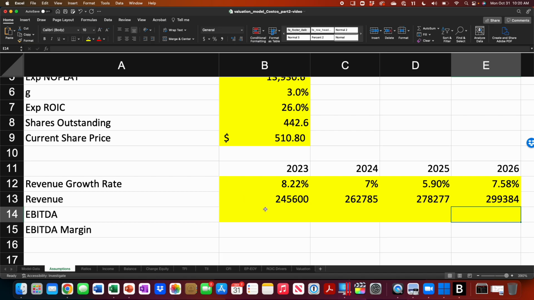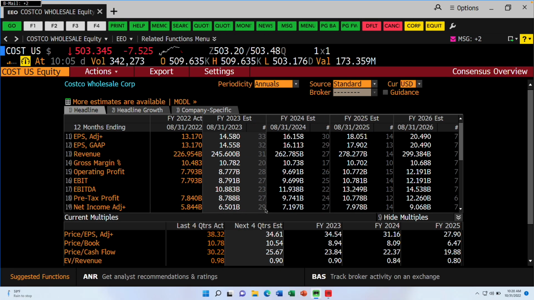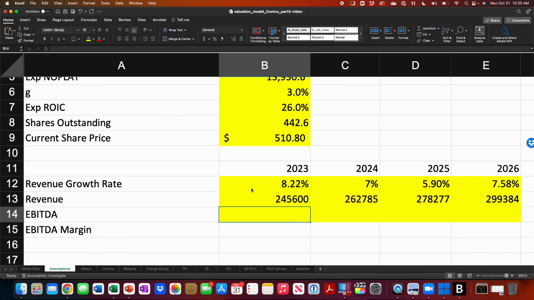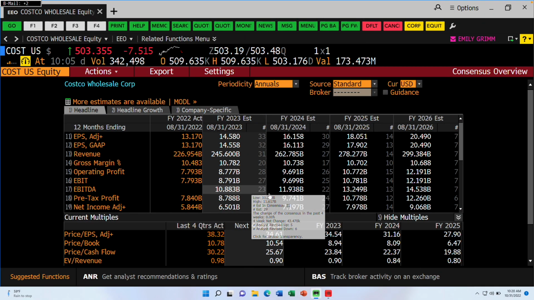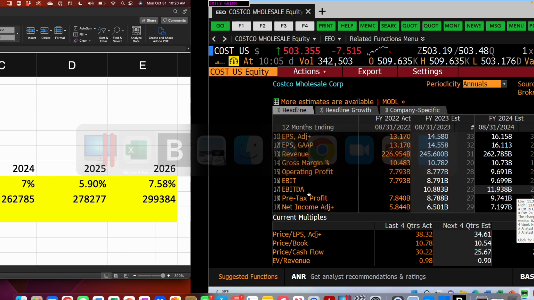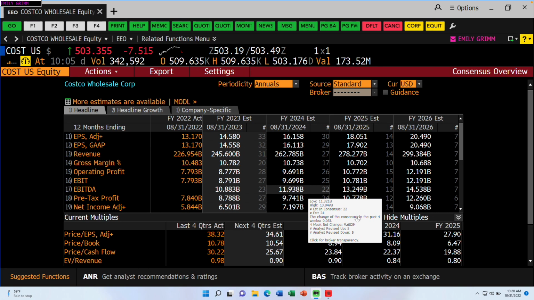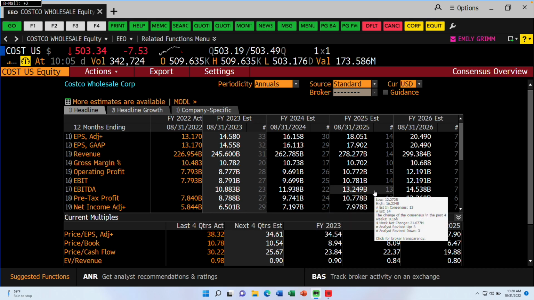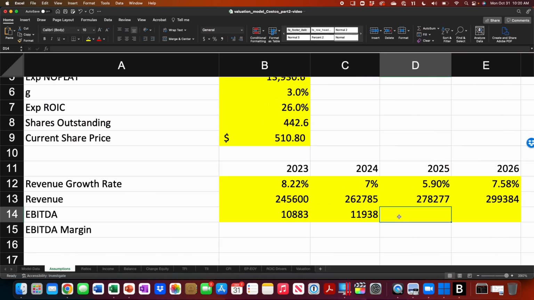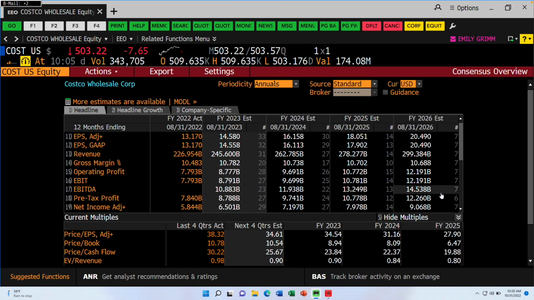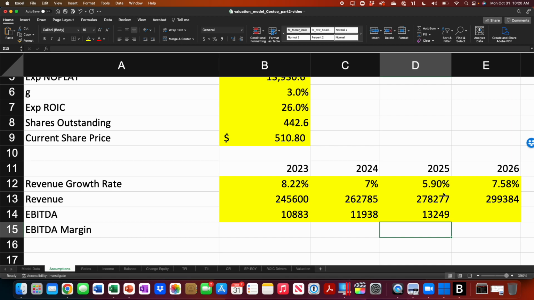For EBITDA dollars for 23 through 26, it's going to be for 2023, 10,883. 11,938. 13,249. And 14,538.